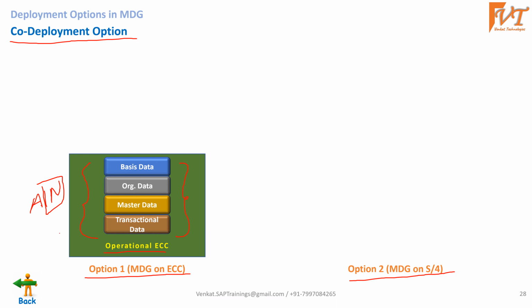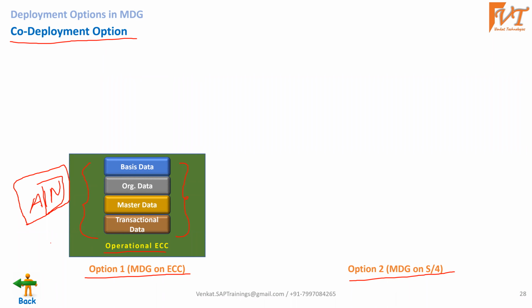Now, Amazon wants to go for the MDG implementation. They want to go for MDG implementation only for this unit. I'm repeating, only for this business unit or only for this particular system. They don't want to implement MDG for any other. Now, for this requirement, what can they choose?